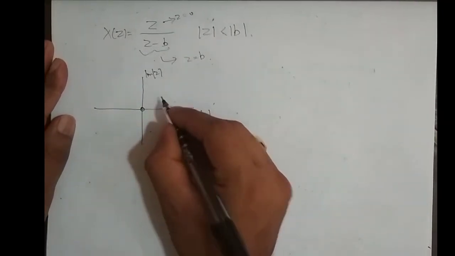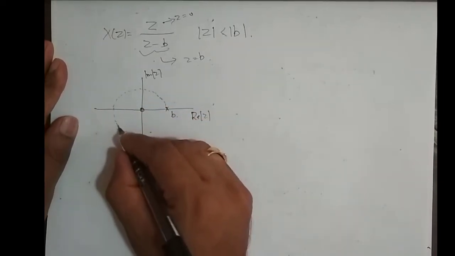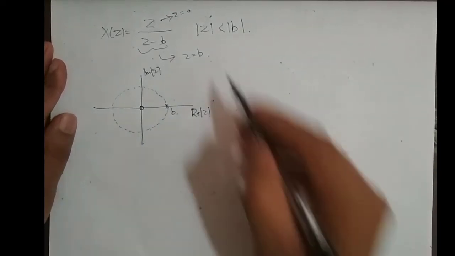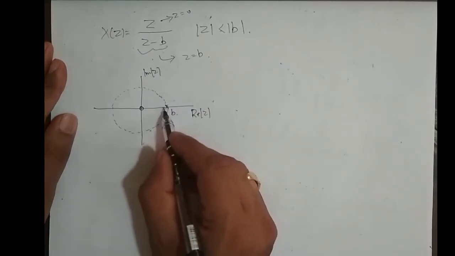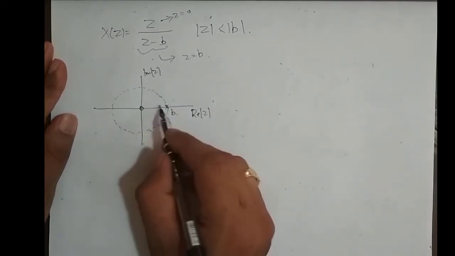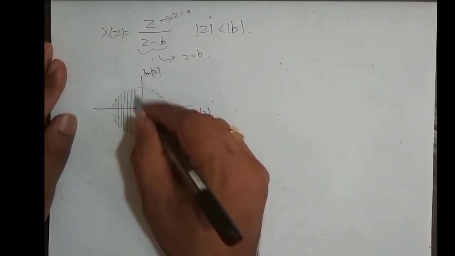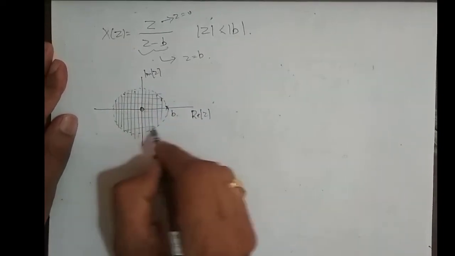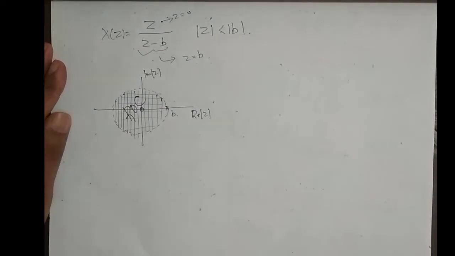Whenever there is a pole, it corresponds to a circle with the radius of that value. And magnitude of z is less than b, in the sense inside the circle of radius b. So this shaded portion will be my ROC.